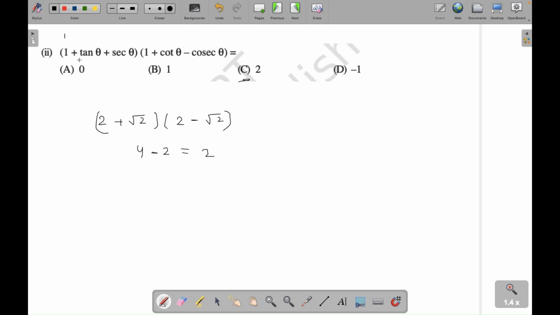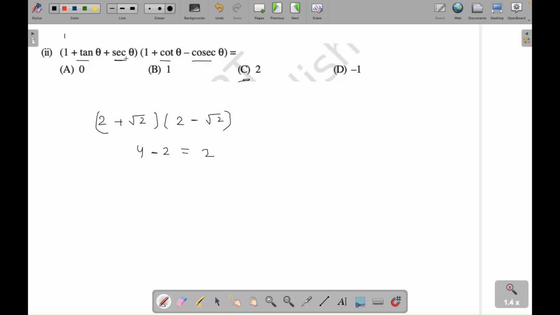Why do I have to decompose? Because if I try to use some relationship between tan and sec, I have cot and cosec here. So it would be possible to combine all of them to get a single term. We can write cot theta in terms of tan theta, 1 upon tan theta, but we cannot write cosec theta in terms of sec theta.